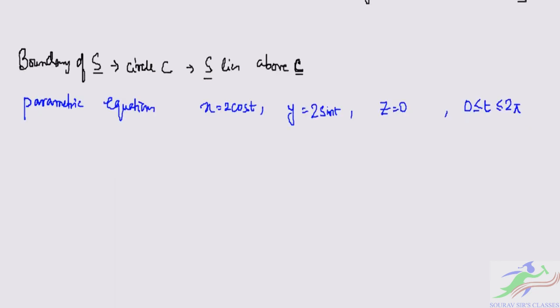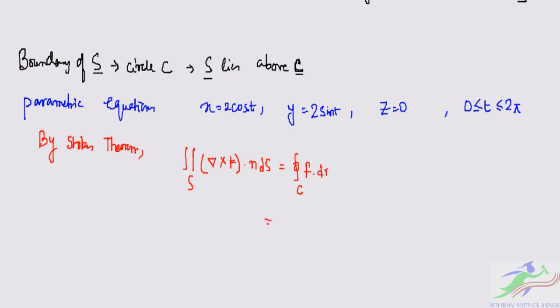So by Stokes theorem, we have the surface integral of grad cross f dot n ds equal to the closed integral over C of f dot dr.